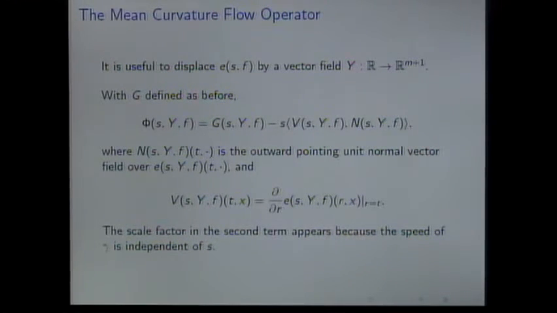Okay, and this is why we need this factor of S here. And this fact that we're moving along the geodesic trajectory slower and slower is going to give us a problem.